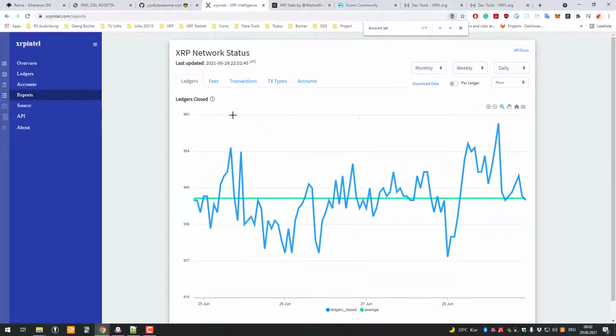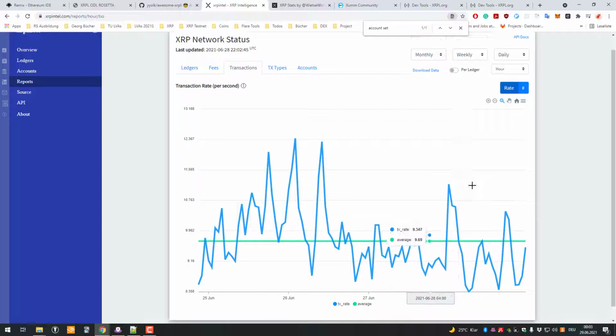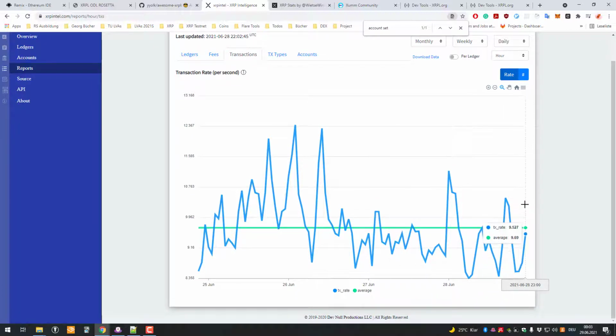We can see the ledgers closed, so how many ledgers have been closed. It's always in that amount. You can see it's about 954 and 927 ledgers being closed each hour. It's in a daily chart and broken down on the hourly chart. You can check out the fees, how many transactions have been sent over the XRP ledger.